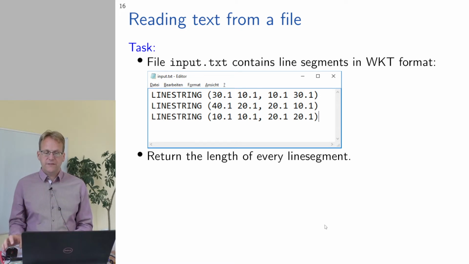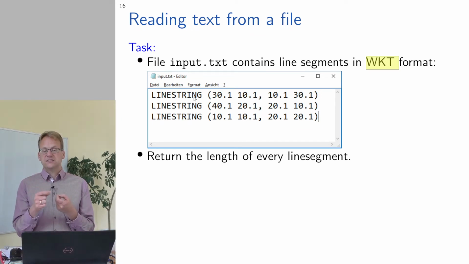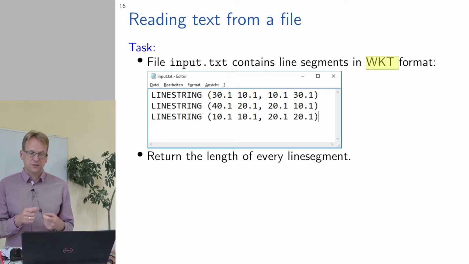And in particular, there is a format called WKT, which stands for well-known text. So what you see here, those are 3 representations of line strings in the well-known text format.